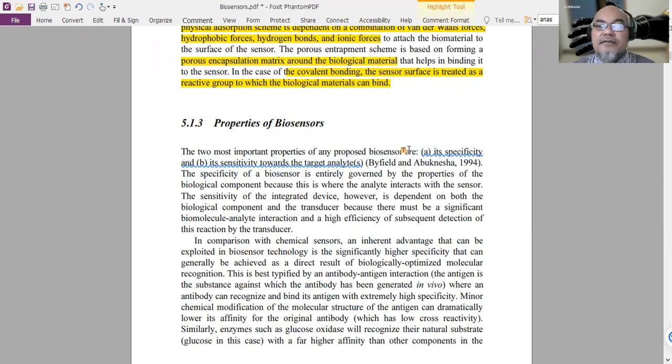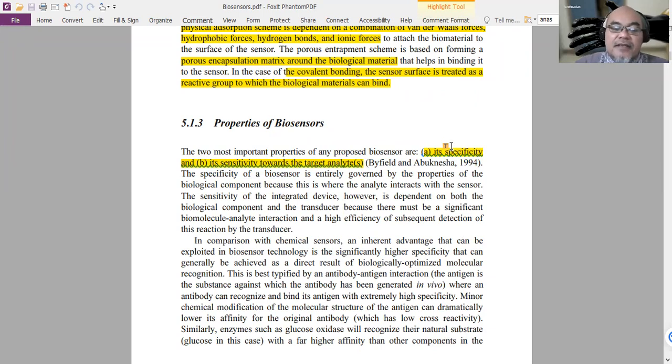Specificity or selectivity is because they are so selective towards a certain molecule, they will not bind to other molecules. They only bind to the specific molecule they are designed for.